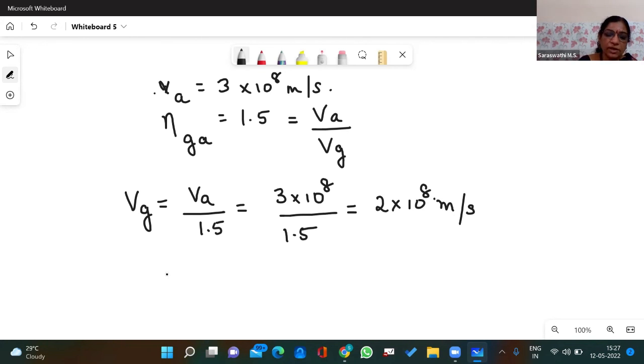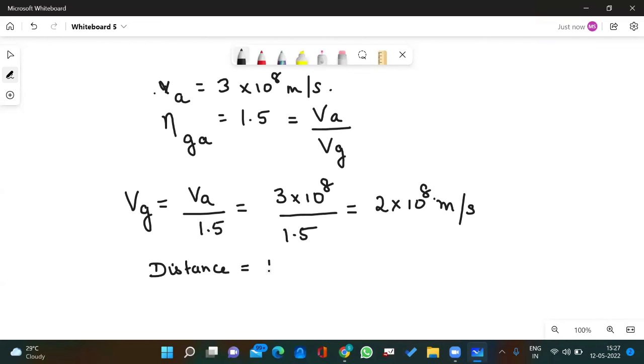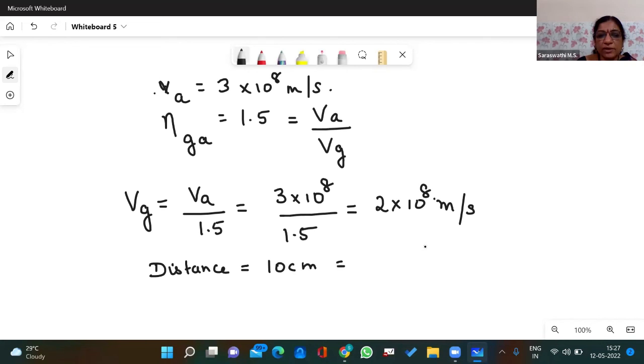They are asking you to find the time taken for it to cover a distance of 10 centimeters. So distance is given to be 10 centimeters, which is equal to 0.1 meter. Convert it into SI unit. So what is time? Time is equal to distance by speed.